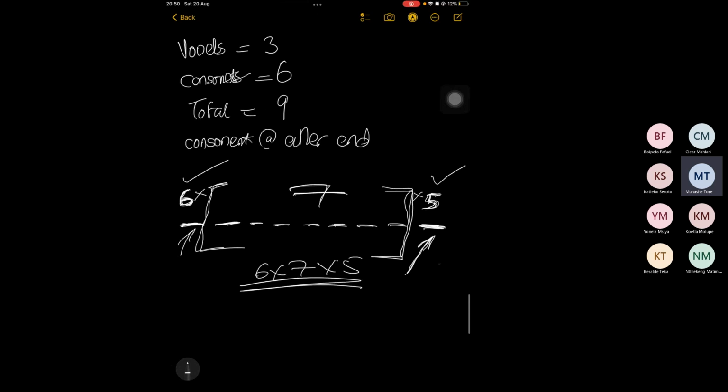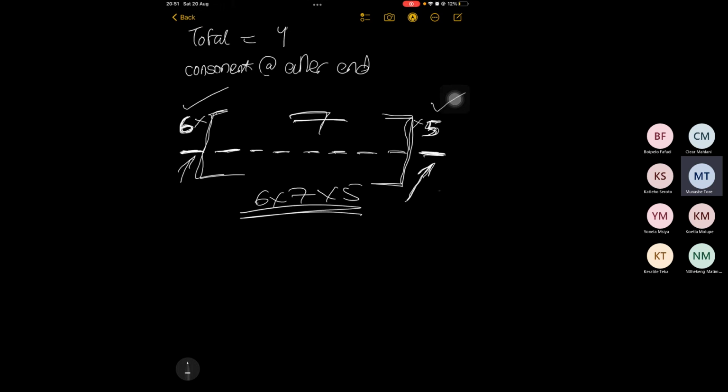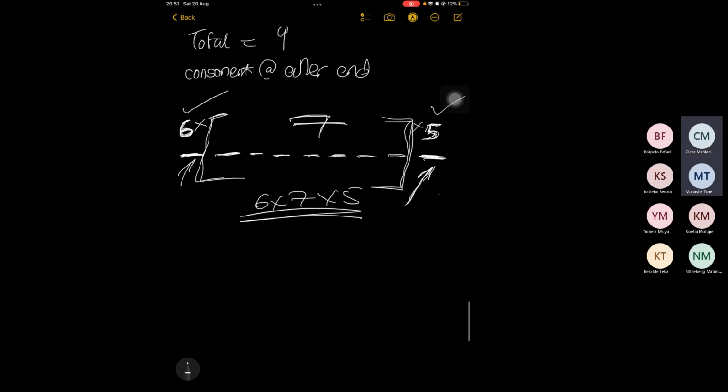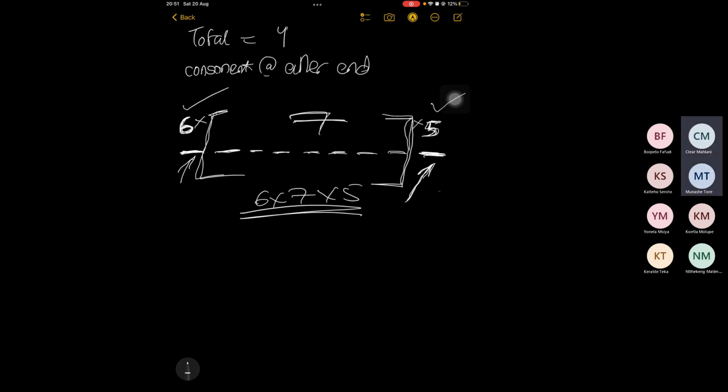I feel like it actually means a consonant can be on the left, on the right, and can also be both, I think. But I don't think either includes both.